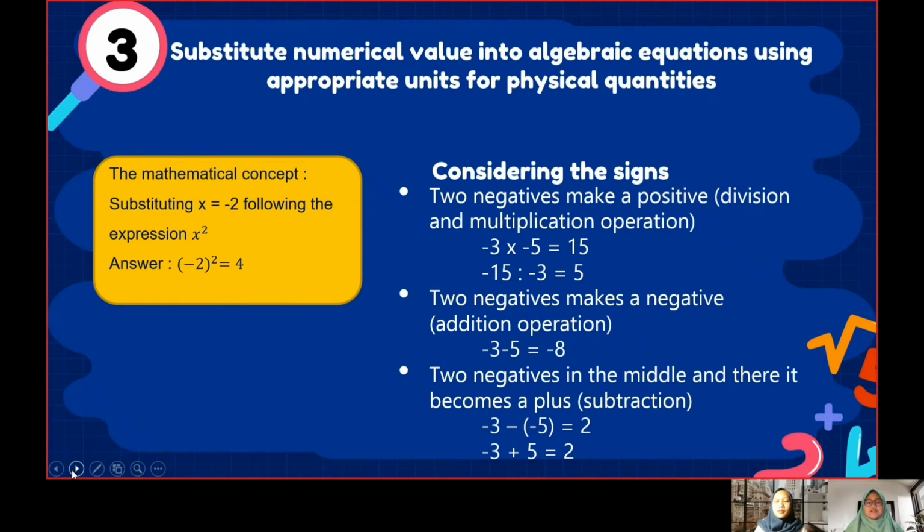And the last is two negatives in the middle, where it becomes a plus. It happens in subtraction operations, such as -3 minus -5, which is -3 plus 5 equals 2.